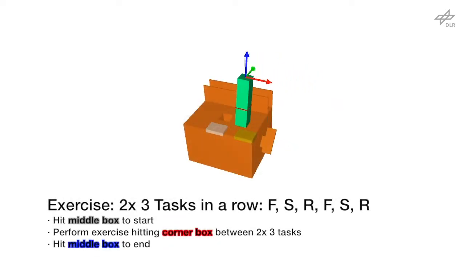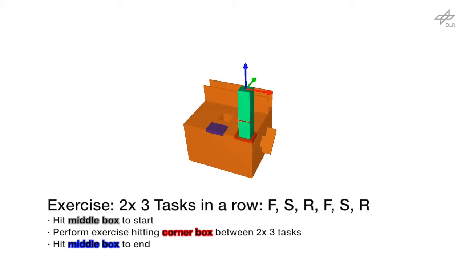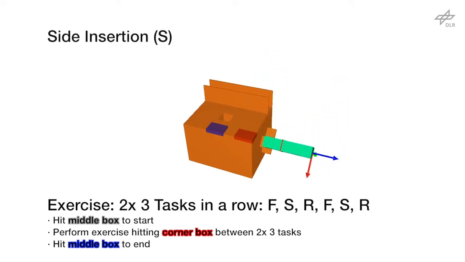Exercises had to be started by hitting a gray middle box, and consisted of 3 tasks repeated in 2 series. Frontal insertion. Side insertion.